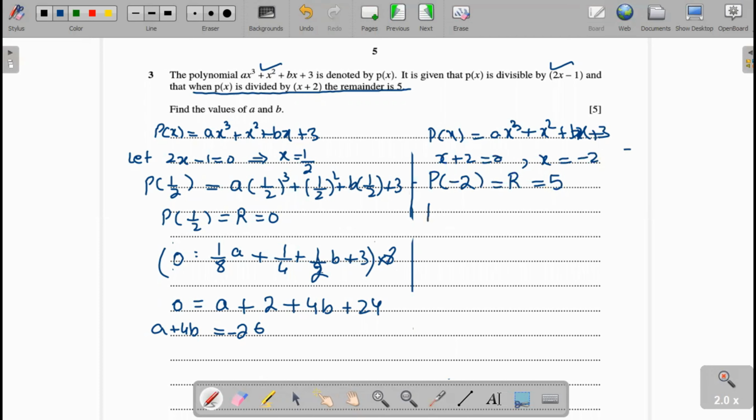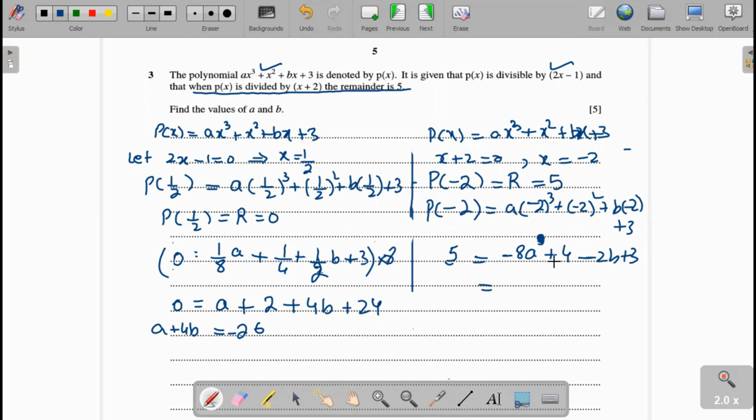Now p of minus 2 will be equal to a times minus 2 cubed plus minus 2 squared plus b into minus 2 plus 3. Now the value of p of minus 2 is equal to the remainder, which is 5, and that is minus 8a plus 4 plus minus 2b and plus 3.